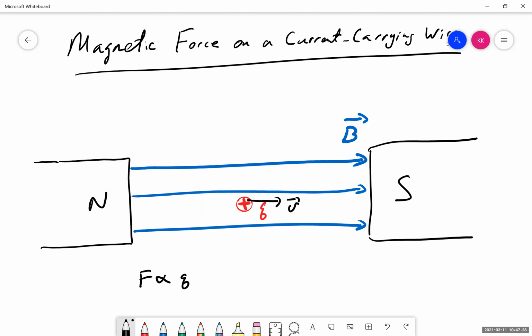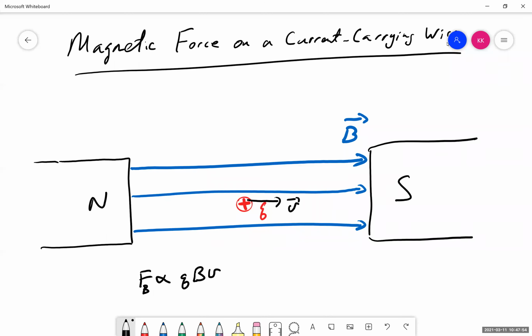It also depends on the magnetic field. Obviously, if there is no magnetic field, there will be no magnetic force regardless. So those are the two things: there has to be a charged particle and there has to be a magnetic field. But it also depends on whether it's a moving particle or not. So velocity is an important component for the magnetic force. So we put FB, magnetic force.